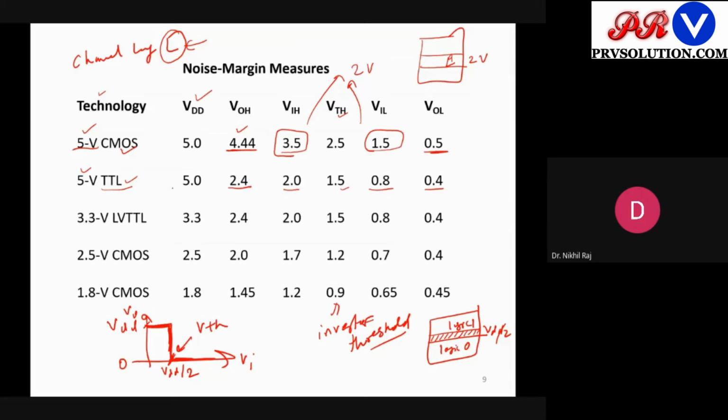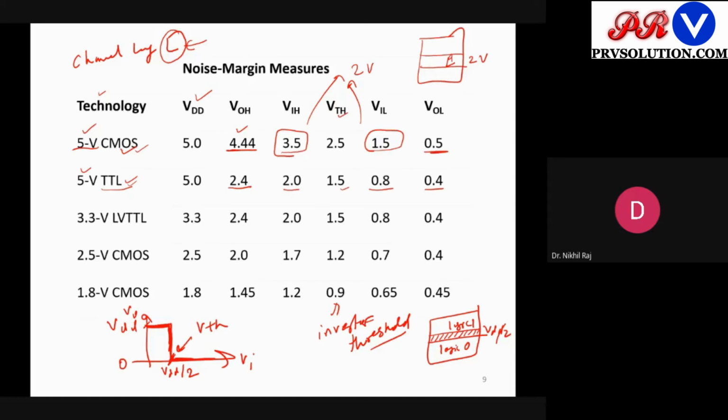Now the same supply of 5 volt is there, but this is some other fabrication technique, some other TTL based design. So VOL and VOH all vary. This means based on the circuit configurations and the standard logics we are using, the noise margin calculation changes.